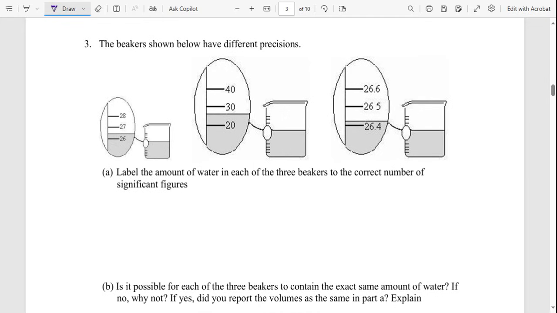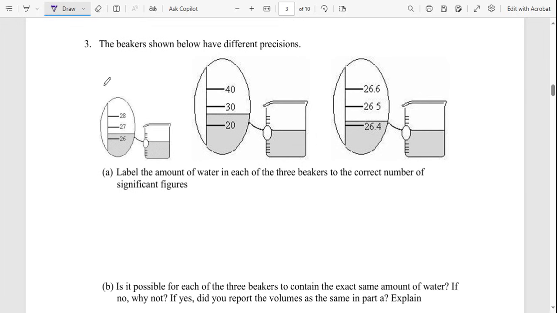The next question, question 3 says, the beakers shown below have different precisions. Label the amount of water in each of the three beakers to the correct number of significant figures.